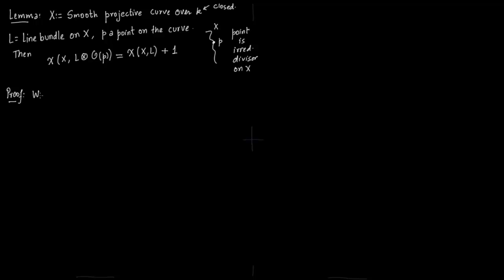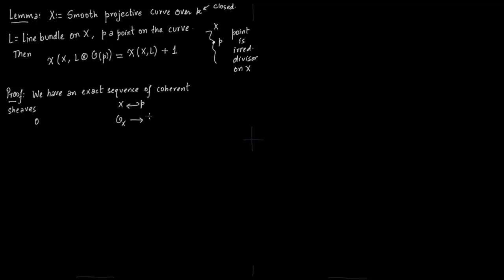So the proof is, first you start with an exact sequence of coherent sheaves on X. Again, this is part of the very important sequences which I have talked about before. In those sequences we talked about irreducible surfaces. Here the point is an irreducible part of the curve.